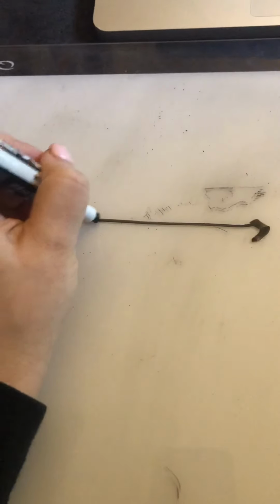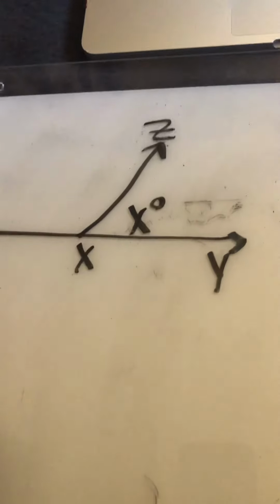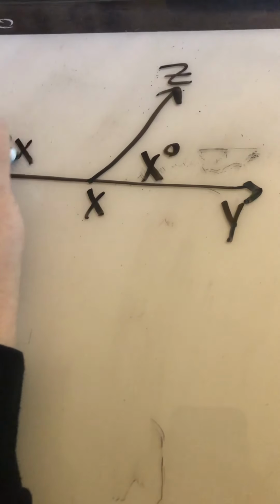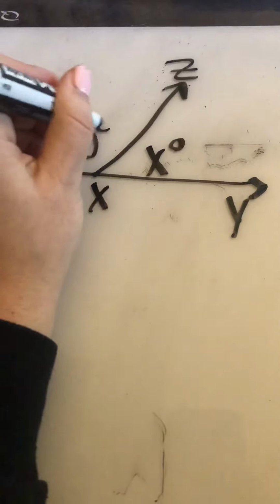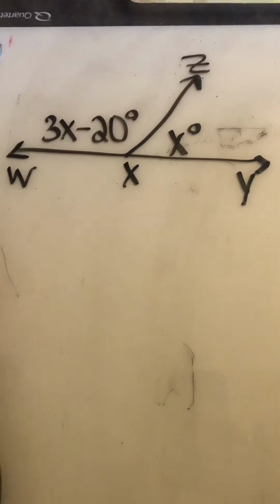All right, so we have our supplementary angles. Okay, we have W, X, Y, and Z now. And then we have x over here. And then we have 3x minus 20 over here. Okay, so similar to before, let's identify the angles.